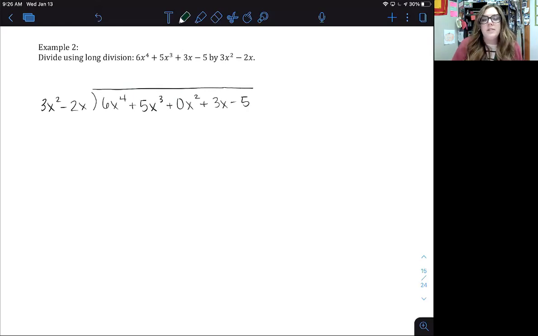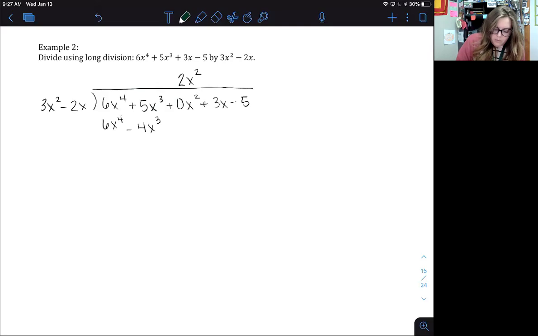And now we're going to repeat our same steps as normal. So 6x to the fourth divided by 3x squared is 2x squared, putting that over the squared term, and then multiply. So 2x squared times 3x squared is 6x to the fourth. And 2x squared times -2x is -4x cubed.